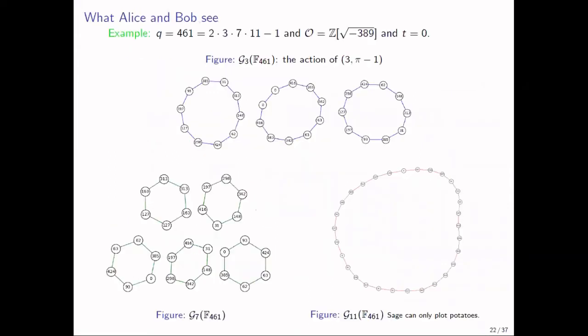Okay, so the graphs that we will see are just these beautiful cycles. This is just a toy example, but this is what you will always see. So if you look at 3-isogenies, you just have cycles. If you look at 7-isogenies, you have potentially different cycles. If you look at 11-isogenies, you have a different cycle altogether.